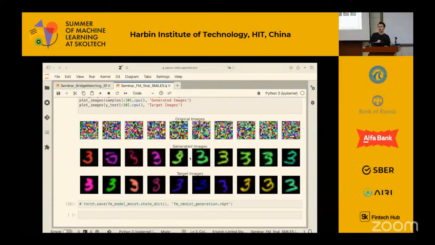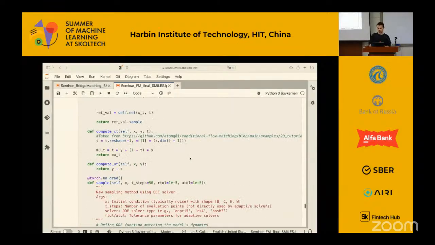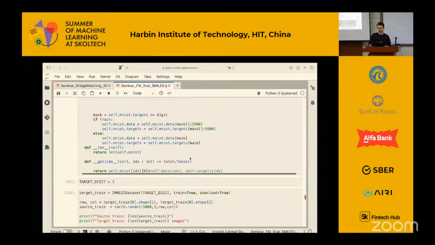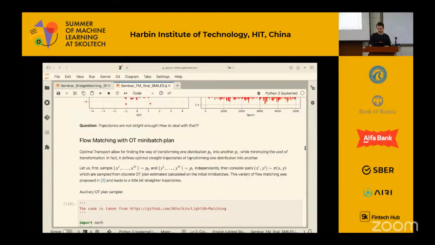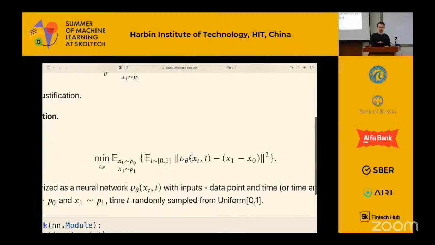Let's take a look at the velocity. Imagine you have some intersecting trajectories. It means that for some xt, you would have two corresponding x1s. And it would give additional variance to this loss.